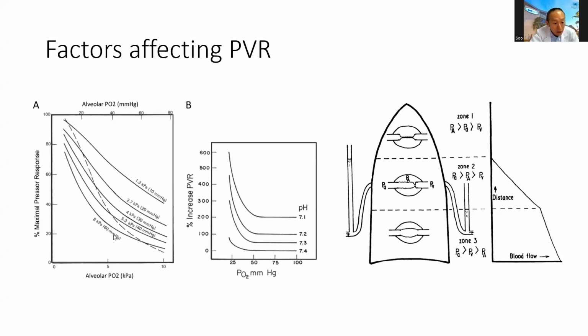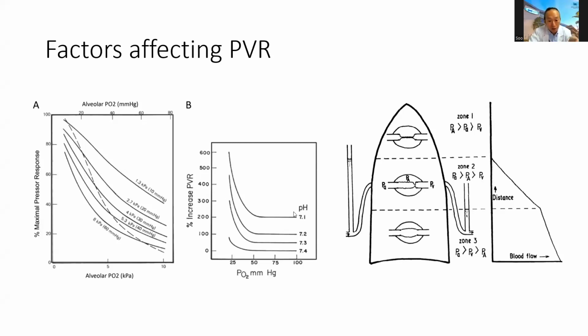Like this particular graph, as you see the PaO2 increases, your maximum pressure response decreases. So the pressure in the lung actually reduces. So the vasoconstrictive ability of the pulmonary vessels becomes lower. So oxygen is a vasodilator to the pulmonary vessels.